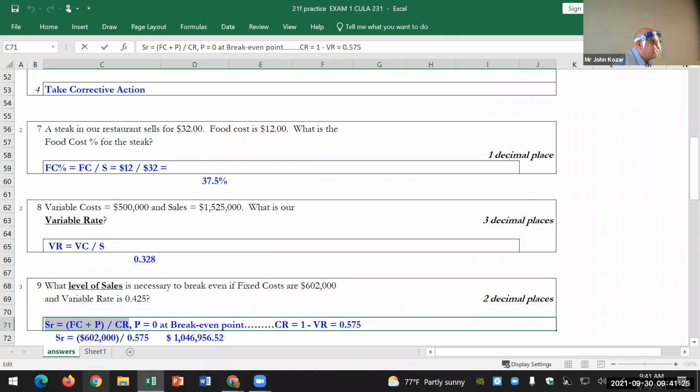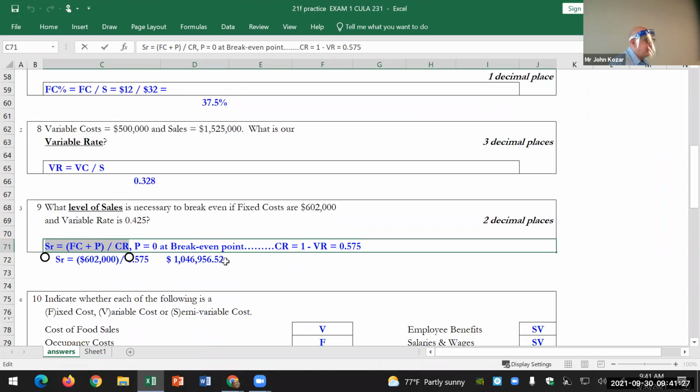Sales required is equal to fixed cost plus profit divided by contribution rate. And when we break even, profit is equal to 0. And then we have to realize that contribution rate is equal to 1 minus the variable rate. So when we do that math, we get a contribution rate of 0.575.